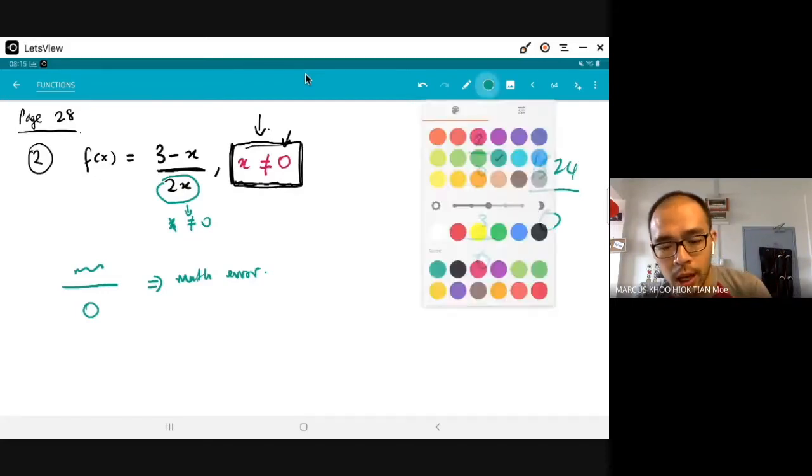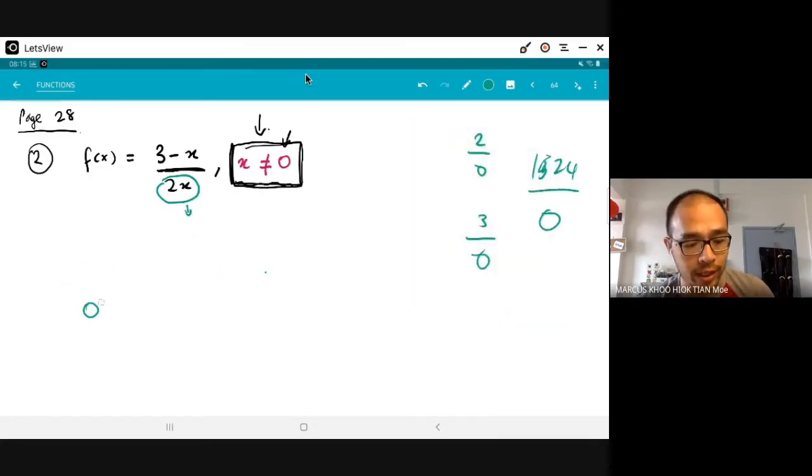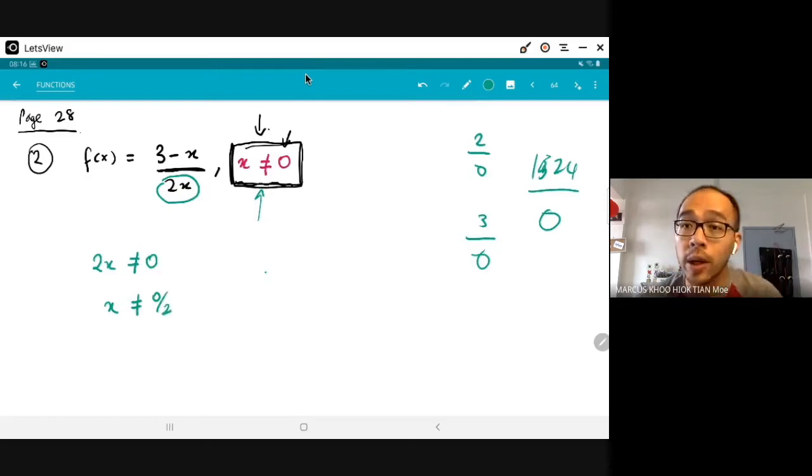So how do you get this red color thing, x tidak boleh sama dengan kosong? In order for you to get that, you need to write 2x tidak boleh sama dengan kosong. Then after that kau pindah 2 ke sebelah, bahkan x tidak boleh sama dengan 0/2. 0/2 tiada masalah.